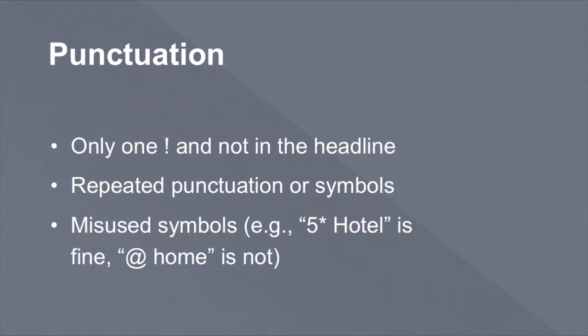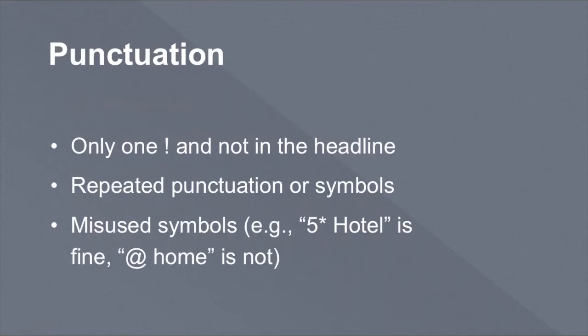There are also rules around punctuation, and these are Google's rules. You may or may not agree with them, but they are what they are. You're only allowed one exclamation mark in the whole ad, and you're not allowed to put it in the headline. I'm not sure why they think that's important. I think they're trying to avoid very shouty, very attention-grabbing ads with rows of exclamation marks.